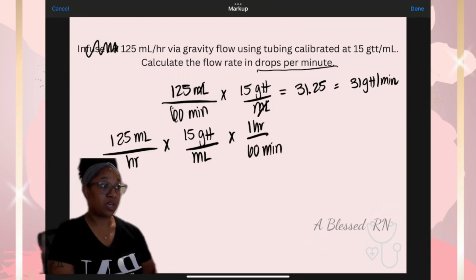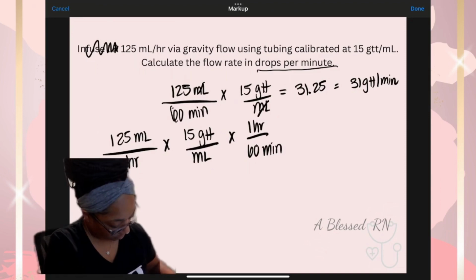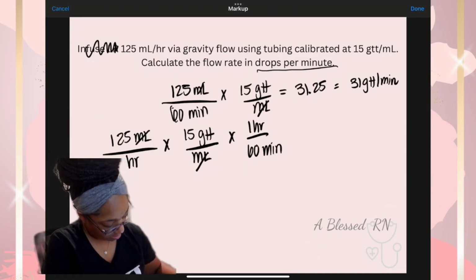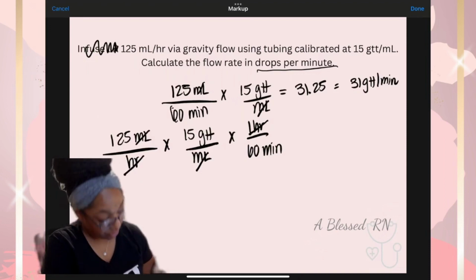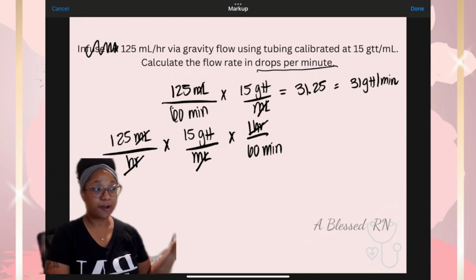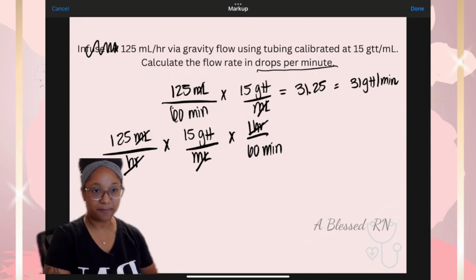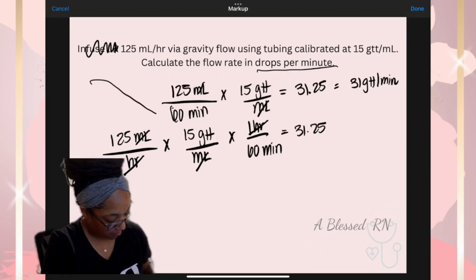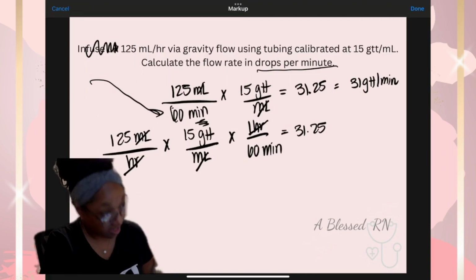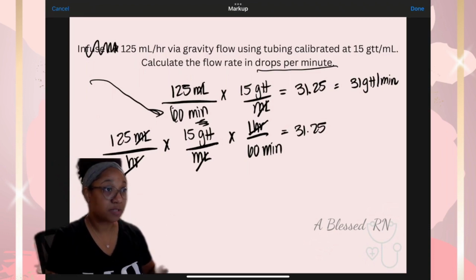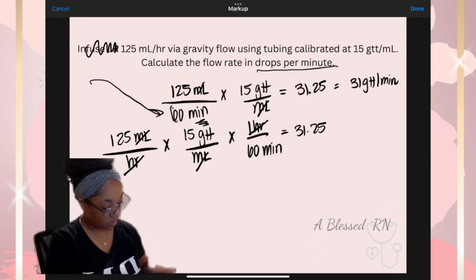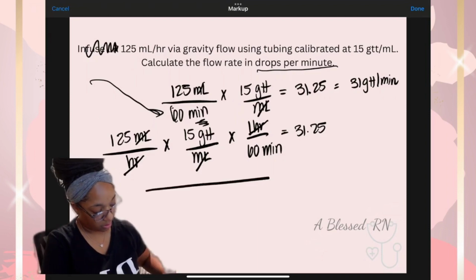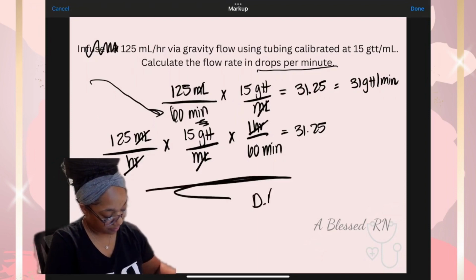So then you can see that their units cross out and you're left over with what you're looking for, drops per minute. And it's the same thing, okay? So if you're a formula person, you do the one that's on top and make sure that this right here is in minutes, not hours, minutes. And then if you're a dimensional analysis person, it's the one on the bottom. That's for DA. All right.